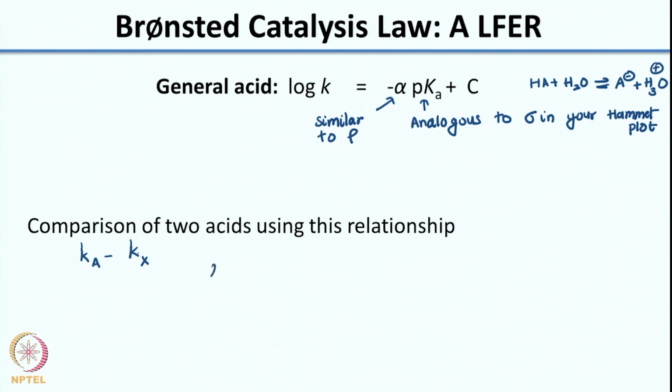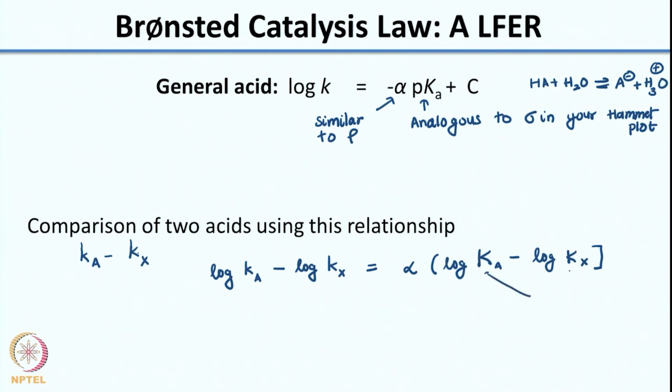So, you can give that by log of small ka minus log of small kx will be equal to alpha times log of capital Ka minus log of capital Kx, alright, where both of these are the dissociation constants.